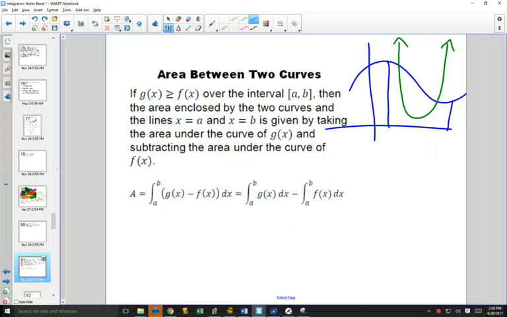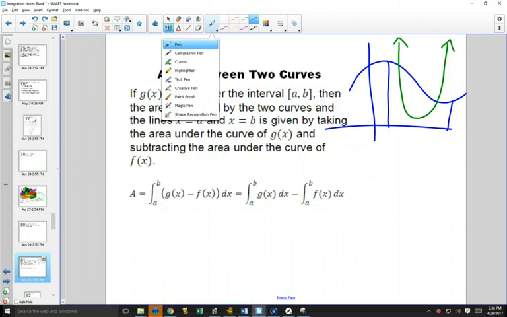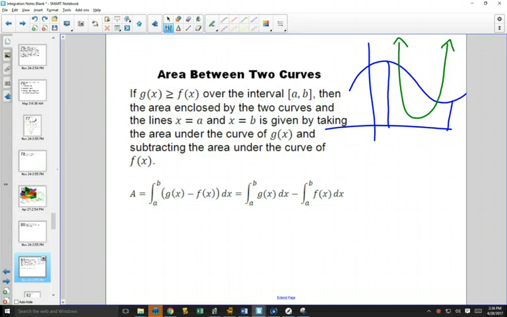Could we find this area in between those two curves? Ooh, yes. It kind of looks like a backwards Nike symbol almost. You can make a Nike symbol thing with two curves and then figure out the area of that Nike symbol if you wanted to.